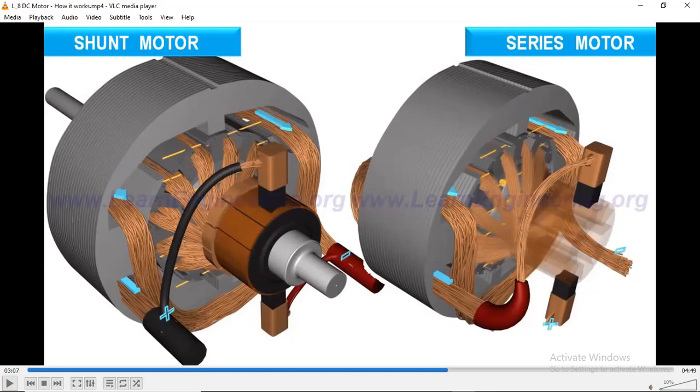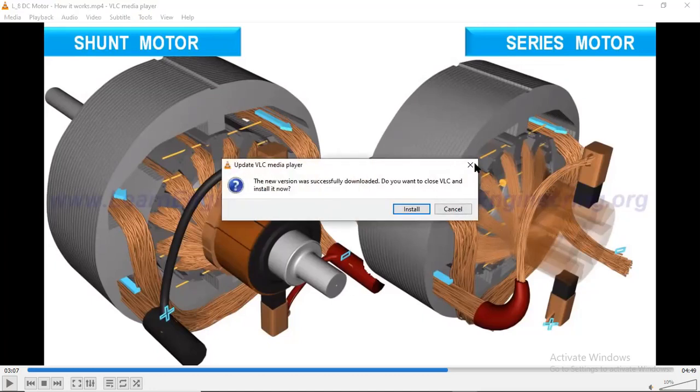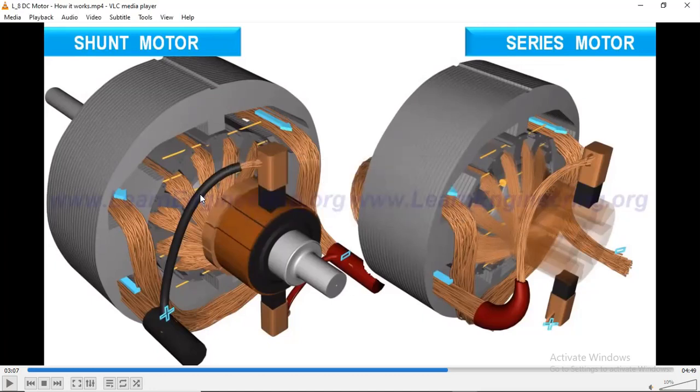So in a series motor, the field winding and armature winding are in series with each other, and in a shunt motor, the field winding and carbon brushes winding are parallel with each other.